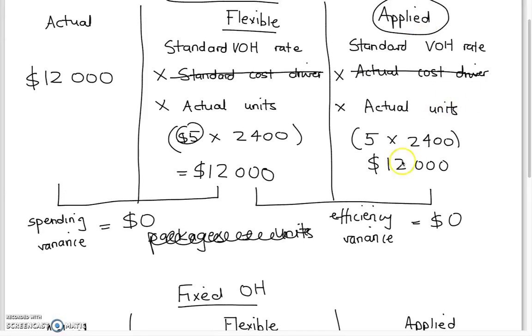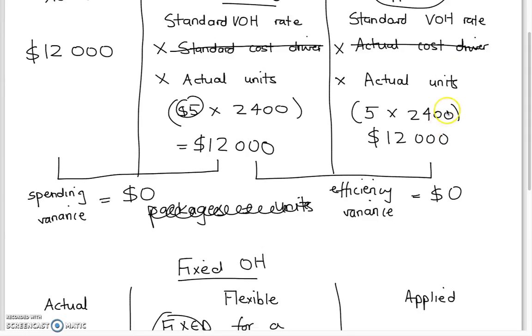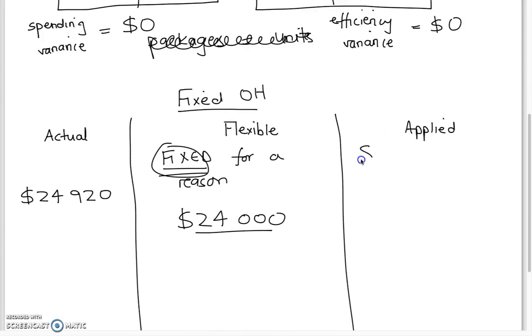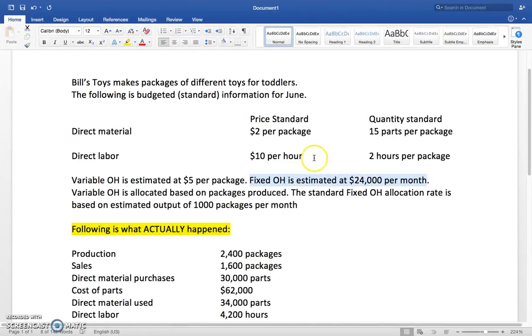Since you don't have a cost driver in this case, first you want to find your standard fixed overhead rate and then multiply it by your actual units. How are you going to find that? You have your total fixed overhead given to you, 24,000 per month, based on 1,000 packages per month.